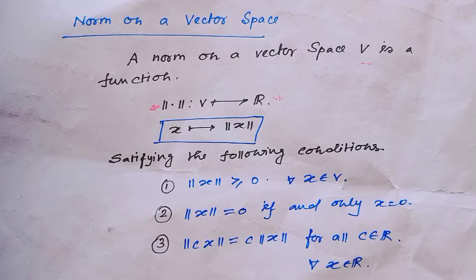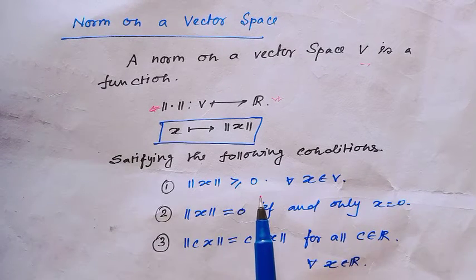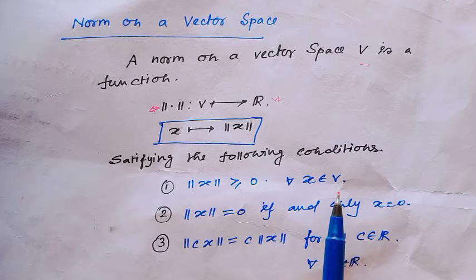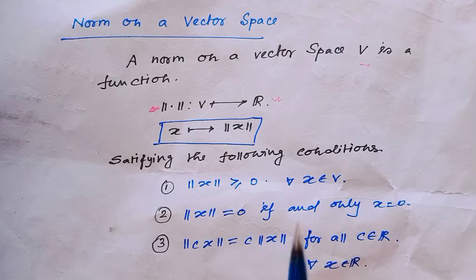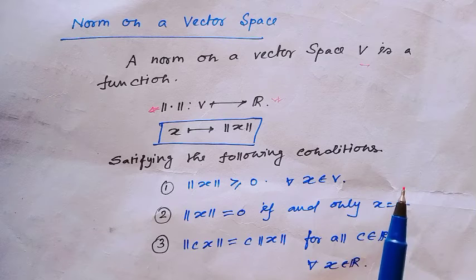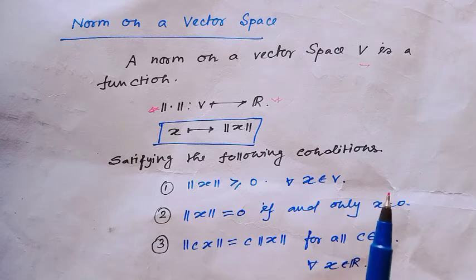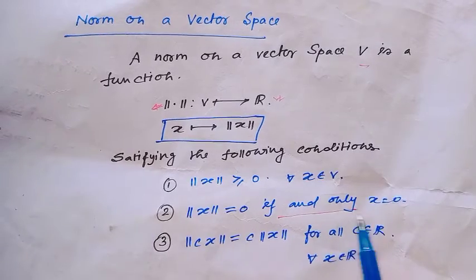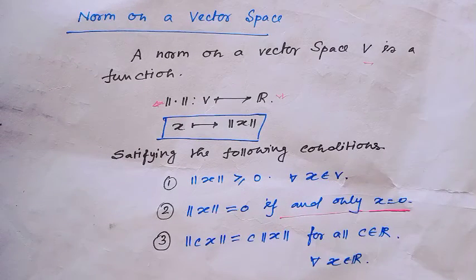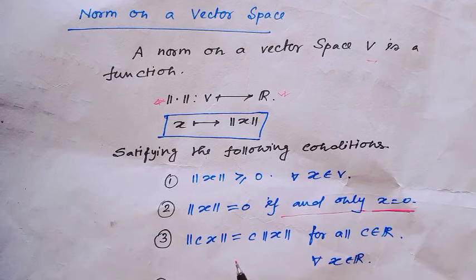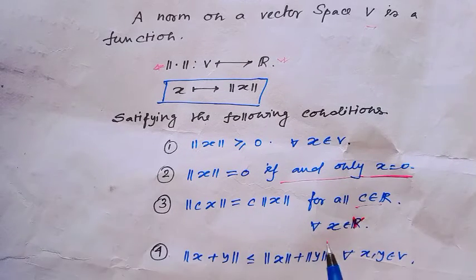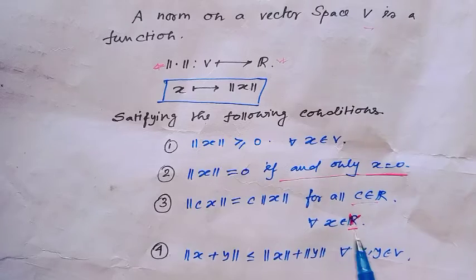Condition 1: norm of x is always greater than or equal to 0 for all x belongs to V, because the length of a vector would always be non-negative; negative would make no sense. Second, norm of x equals 0 if and only if the vector x equals 0. Third condition: norm of cx equals the absolute value of c times norm of x, for all c belongs to R and for all x belongs to the vector space V.